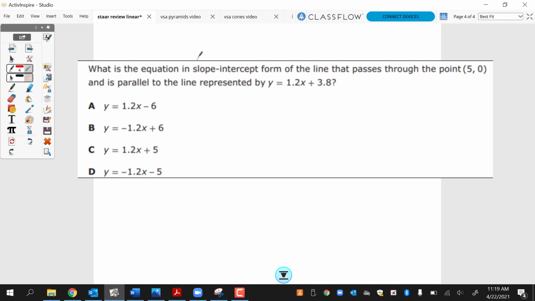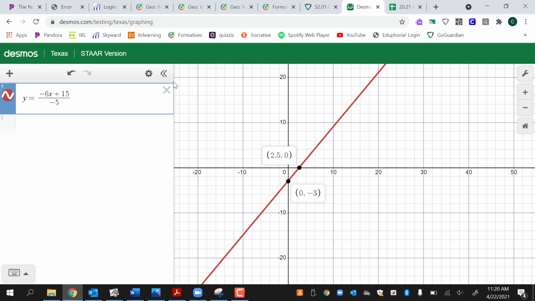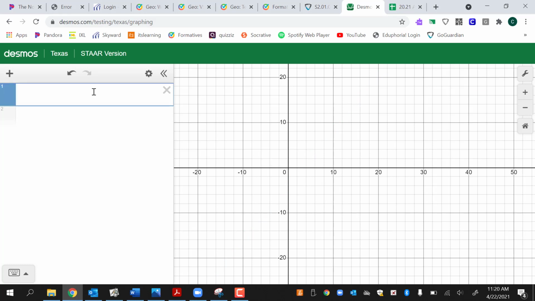Okay, the next one. What is the equation in slope-intercept form of the line that passes through the point 5, 0 and is parallel to the line represented by this? So first of all, I got an equation. I'm going to type that in Desmos, and I'm also going to type this point. We're going to type both of them in. Y equals 1.2x plus 3.8.